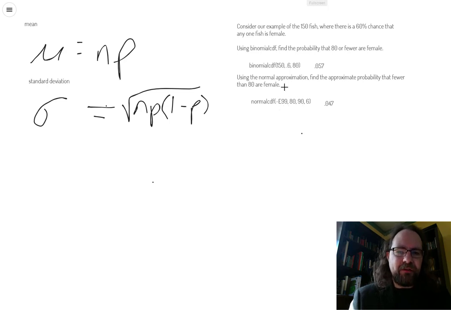Why did I not do that here, even though my language is fewer than 80? And the reason is because a normal distribution is a continuous distribution, which means that essentially saying the probability of fewer than 80 or up to 80 or 80 or fewer is actually really saying the same thing.